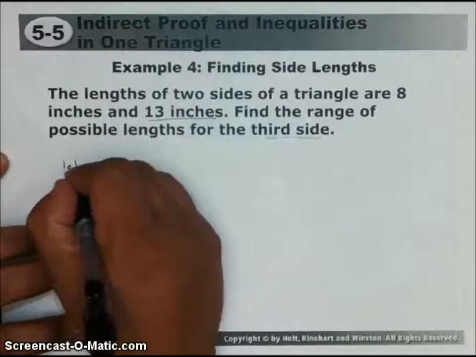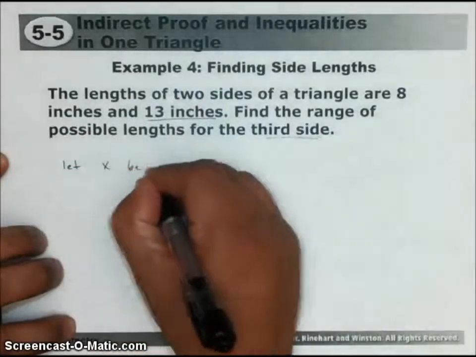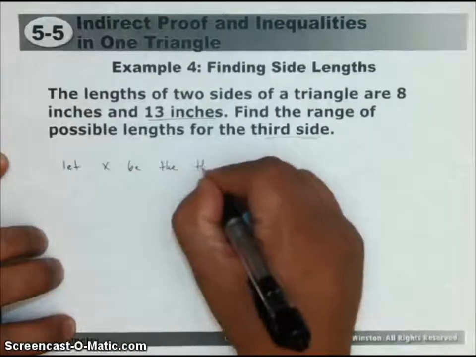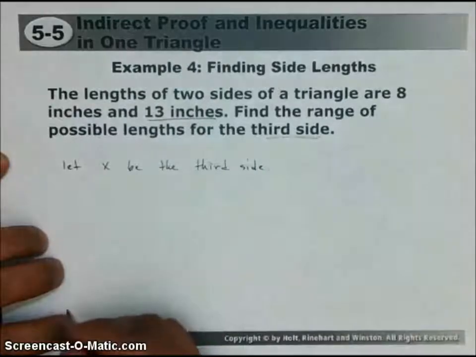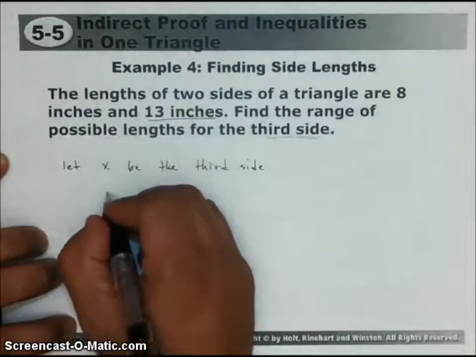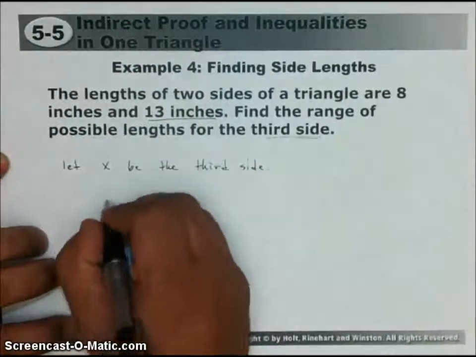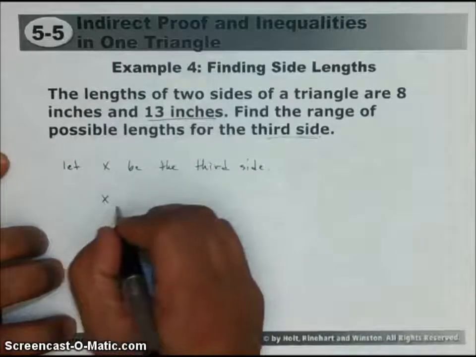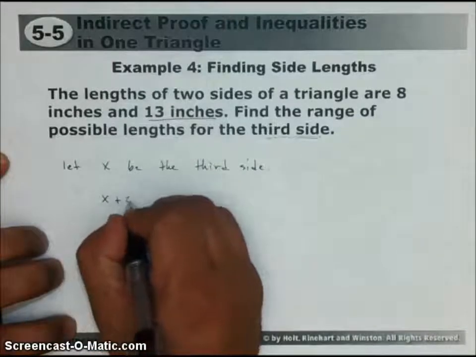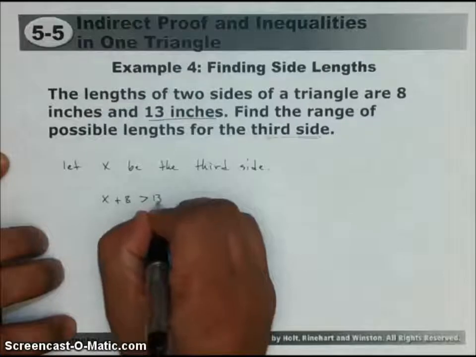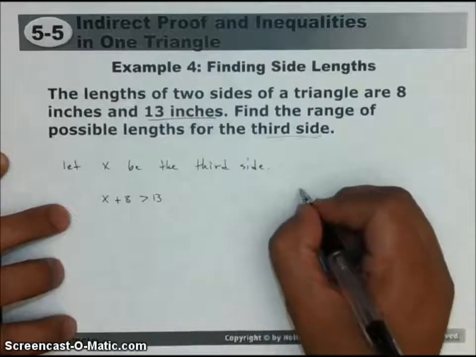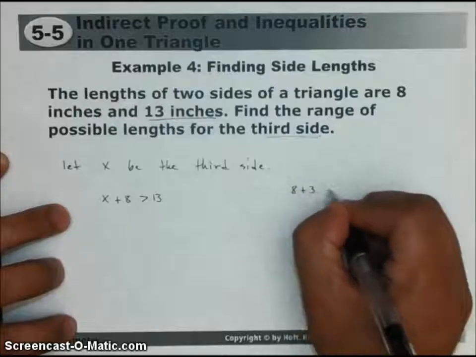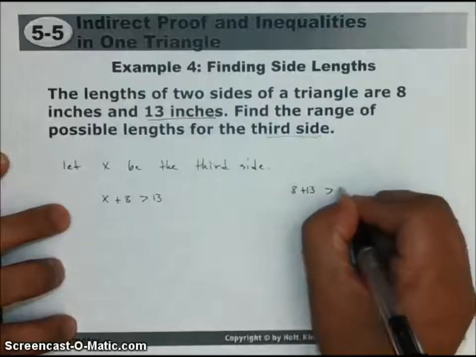So I'm going to let x be the third side. 13 is my biggest, so according to the inequality theorem, x plus 8 has to be greater than 13. Or the other possibility was that 8 plus 13 has to be greater than x.